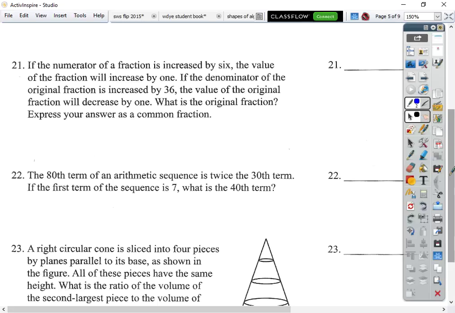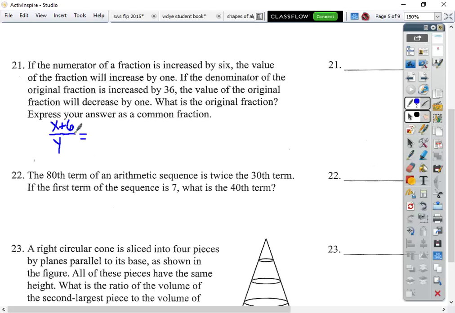So it says if the numerator of a fraction is increased by 6, the value of the fraction will be increased by 1. Okay, let's take that part and just say we have this fraction x over y. And it's saying if I increase my numerator by 6, then I'm increasing the whole thing by 1.